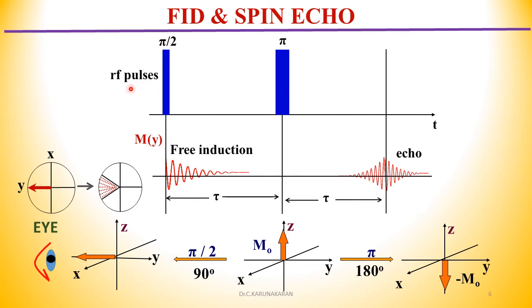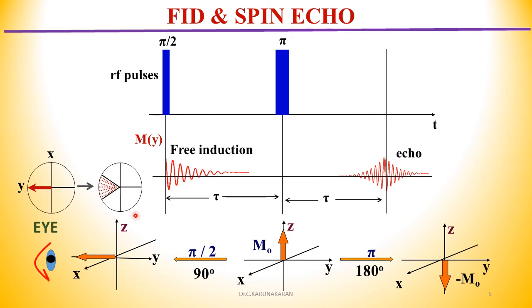When you give a pi by 2 RF, radio frequency, pulse, what will happen? I have shown here pi by 2, and the detector is in the minus y axis. Now the magnetization is very high, as you see, initially very high in the detector.